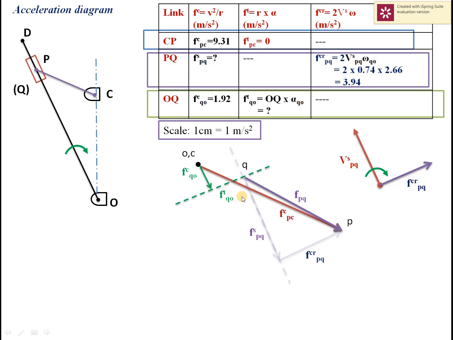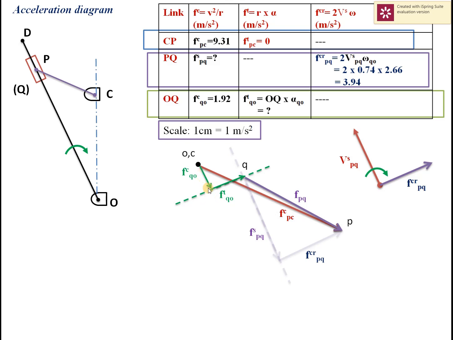Next, FTQO is to be added to FCQO. So we have to place the vectors tail to head. So FTQO is placed at FCQO so that they get added. So tail of FTQO is placed at the head of FCQO because we want to add these two vectors.